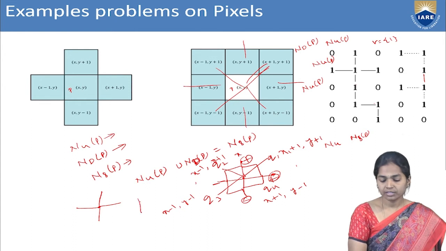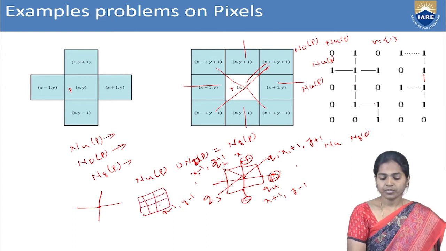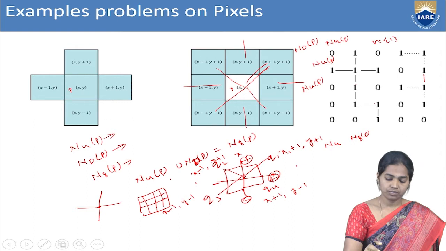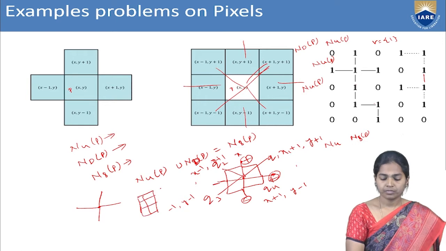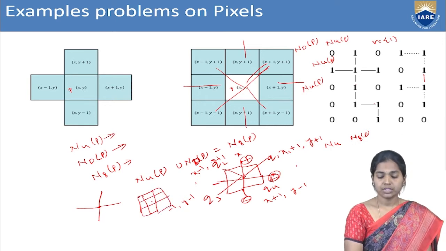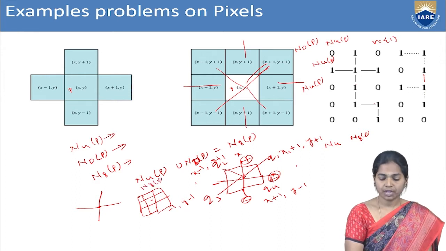For the point p of x comma y, when we go for n8 of p, we need to choose the path from left side, top, bottom and diagonal form also. This side, this side, this side and this side.